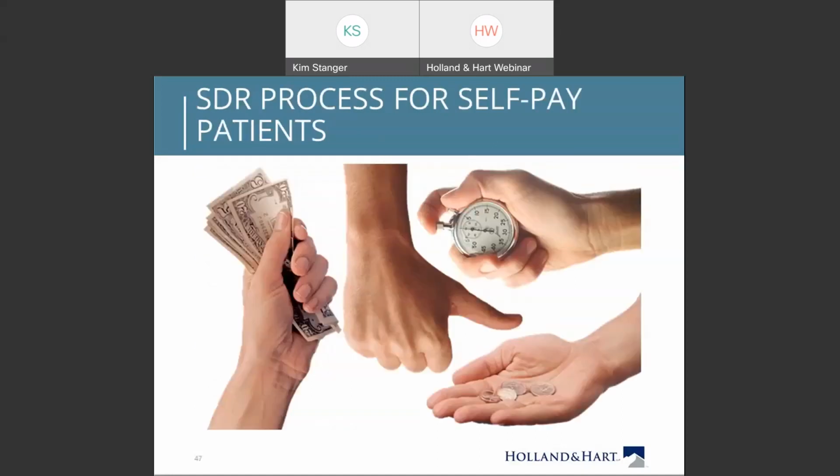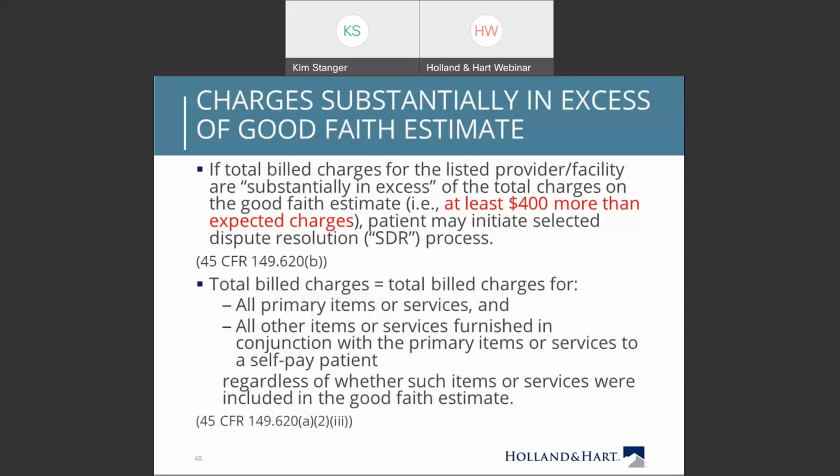With that said, let's talk about the SDR process for self-pay patients. Under this rule, if the total actual billed charges for the listed provider or facility are substantially in excess of the total charges that were listed on the good faith estimate, that is the expected charges, by at least $400, then the patient may initiate a selected dispute resolution process.